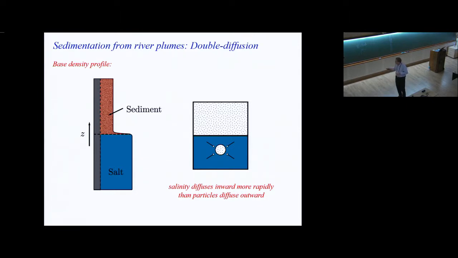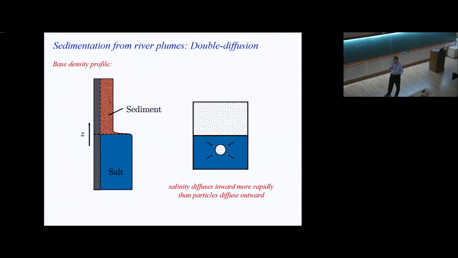And so that means that very soon this fluid element will be carrying both salt and sediment, so that it will now be denser than the salt water without the sediment that surrounds it, and so it'll keep sinking. So that's the effect that's known as double diffusion.